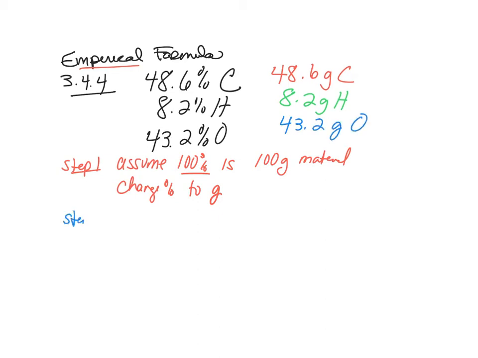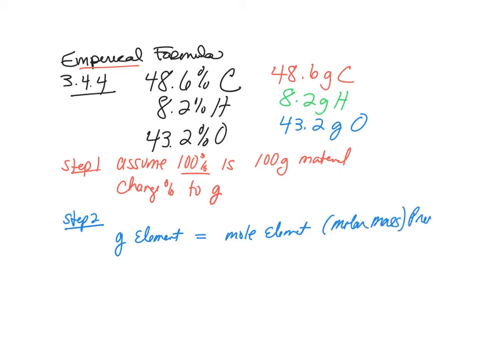And then step 2, you go from grams of that element to moles of the element, and that is molar mass. And you get that on the periodic table. So that's step 2.